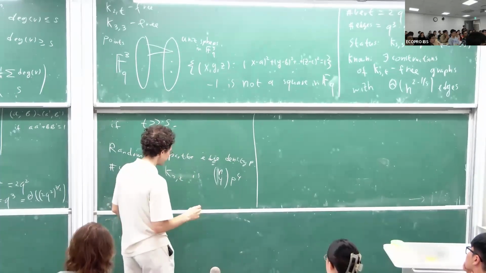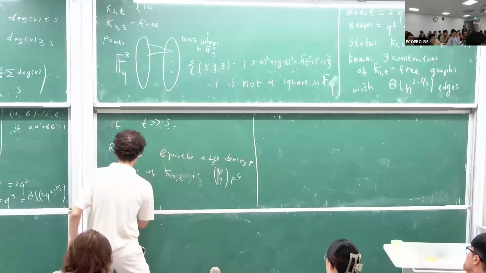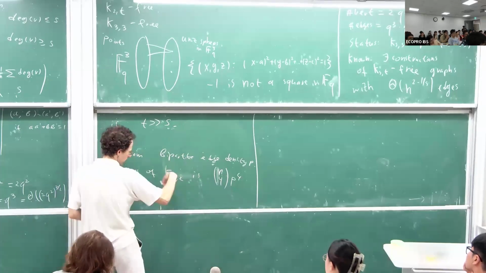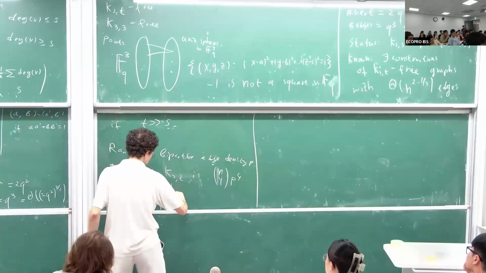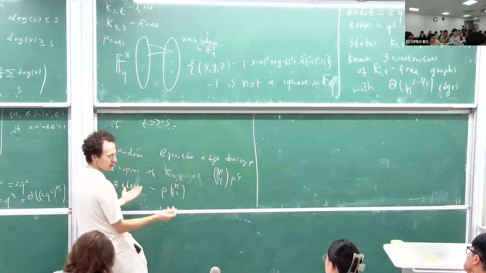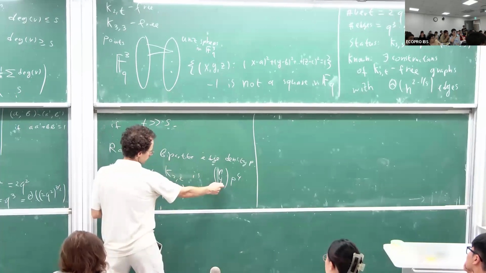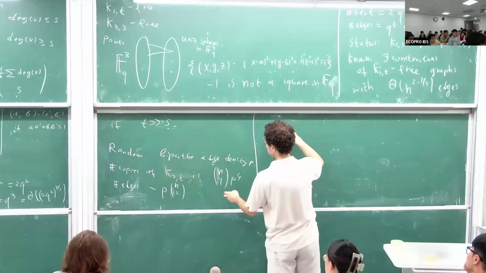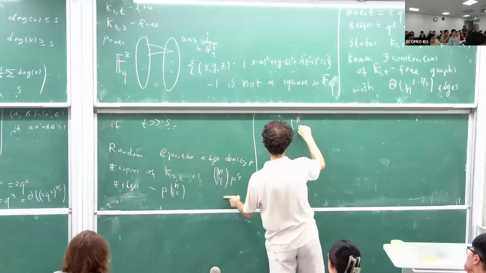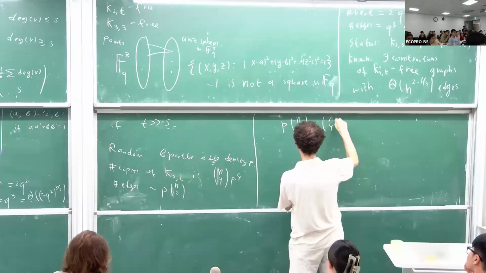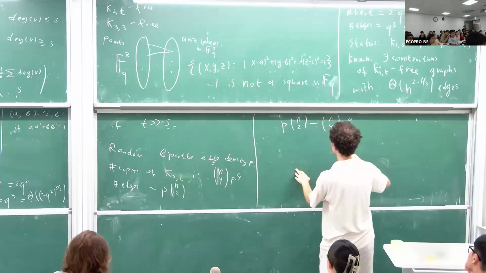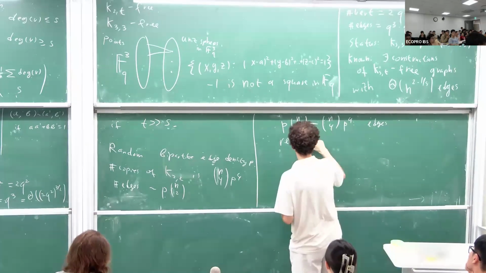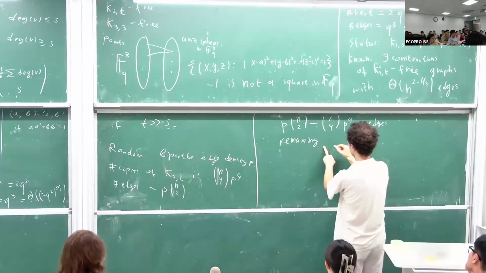And the number of edges is, by Chernoff, about P times n squared. So if you wanted to do deletion, you want to delete one edge of each copy to kill them off. So basically you will want P n squared minus n to the 4th P to the 4th. So this is the edges remaining after you delete one edge from each copy.